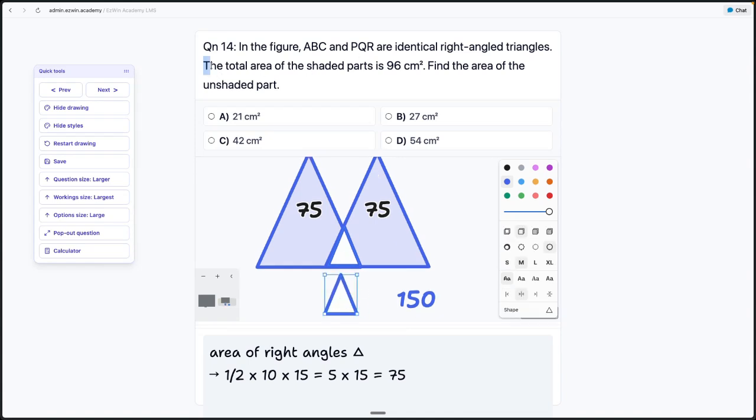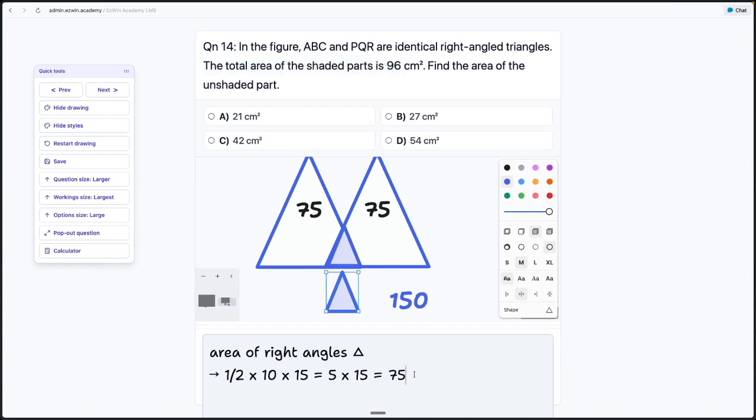But we know the total area of the shaded parts, which is 96. So if you have the total 150, and then we minus off this shaded part, we are actually left with the two unshaded parts or overlapped parts as what we see over here.